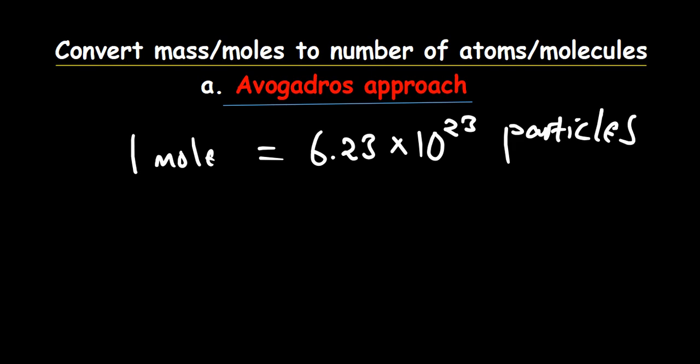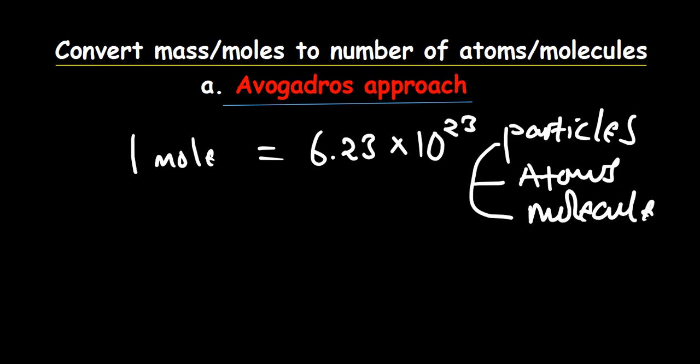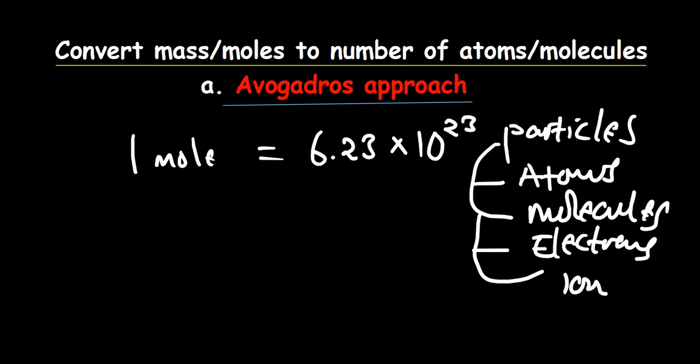These particles can be atoms, molecules, sometimes electrons, and they can also be what? Ions. So these particles can be atoms, molecules, electrons, or ions. It doesn't matter what you're finding.